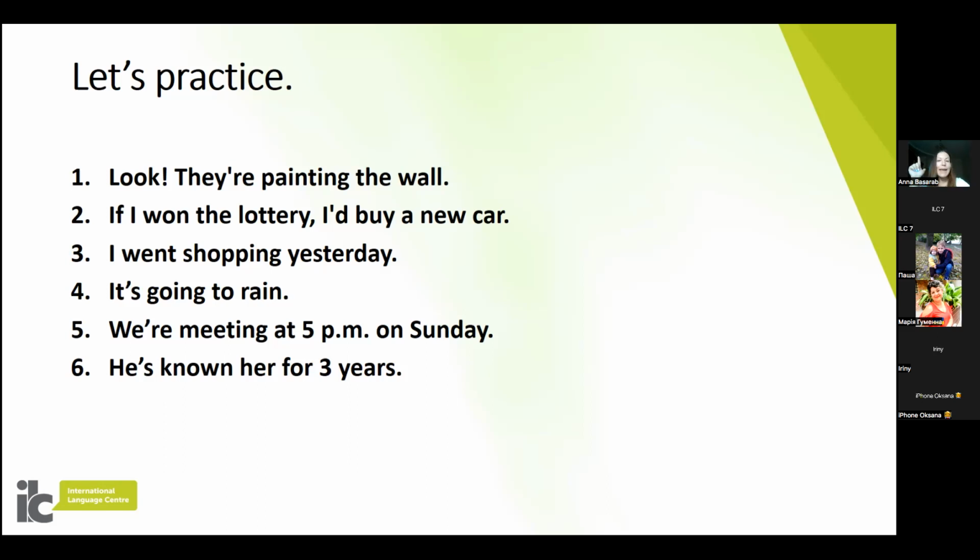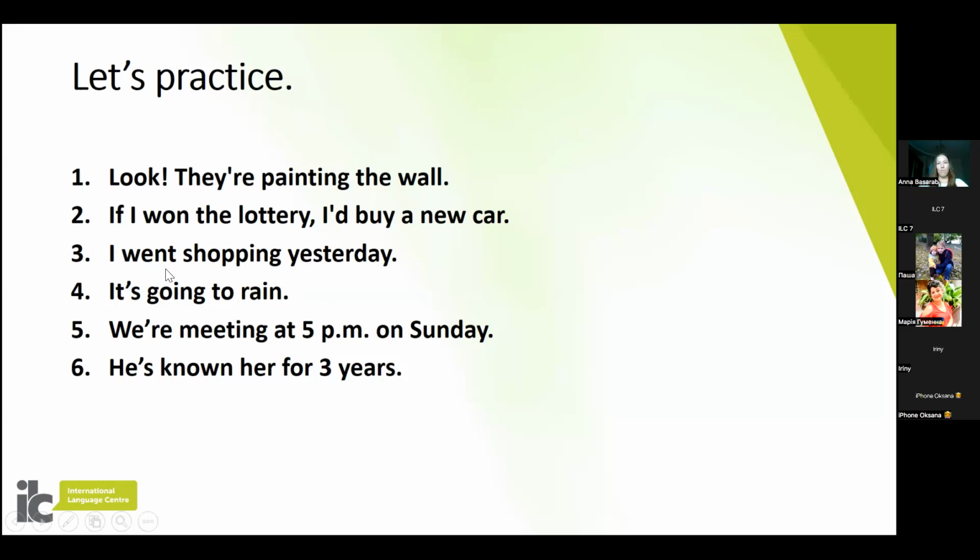No. Does he have a car now? No. So is it real or unreal situation? Unreal situation. And maybe you can ask, is it something you would like to have or to do? Yes.